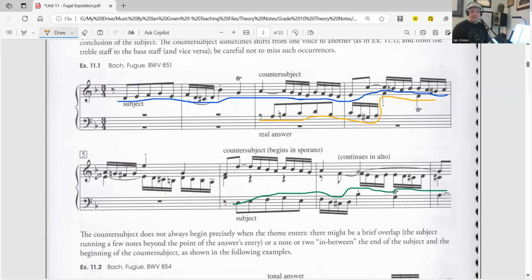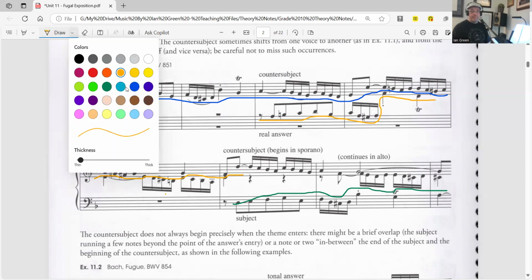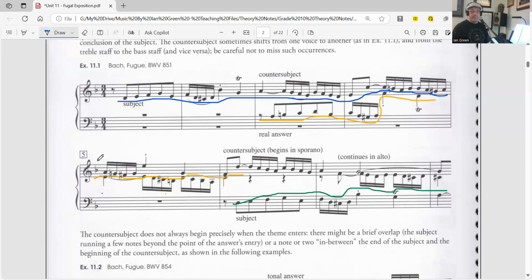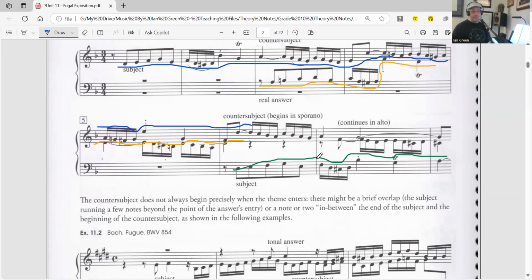Here is the next part there, and then the last part at the top. So there's like three different layers. You can have your bass, your alto, and your soprano. It's really quite amazing how Mr. Bach writes this material.